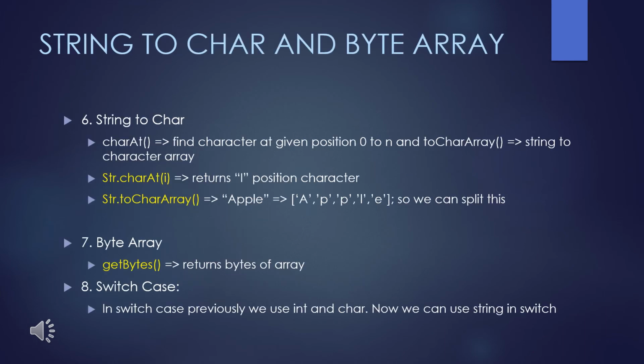Next one is string to char and byte array. The charAt method will give the character at a position of the string. For example, charAt(7) means the letter at position 7 will be returned. These cases will be used when we want to find repeated characters; we can use the charAt method to find the repeated characters easily.